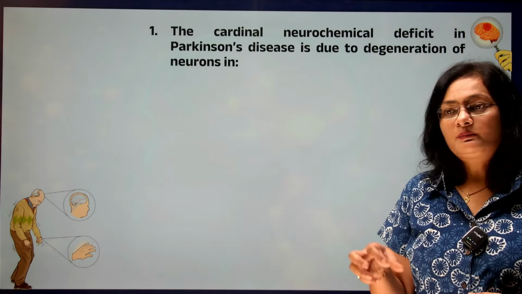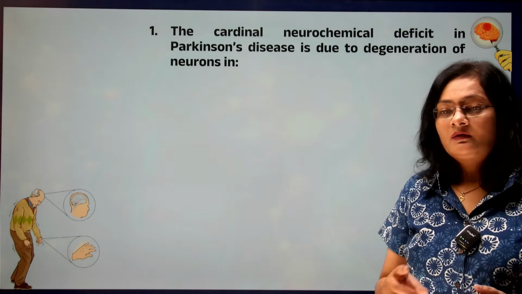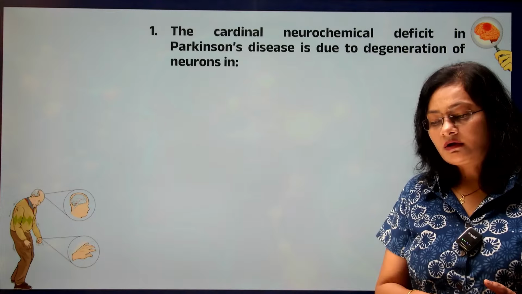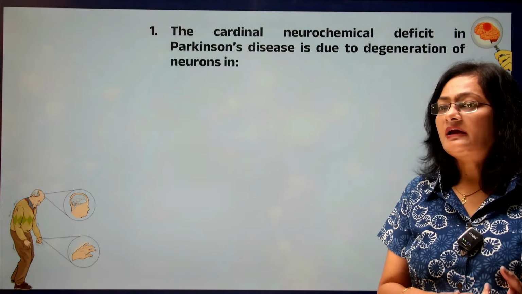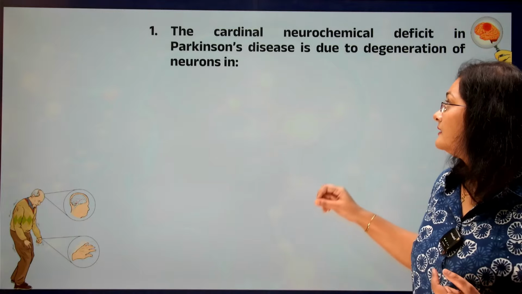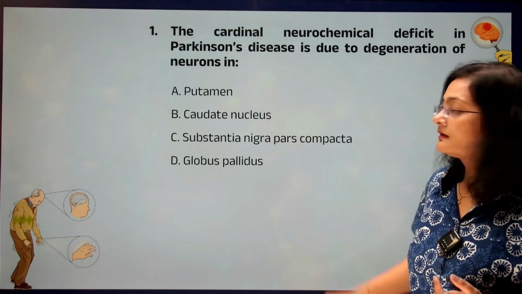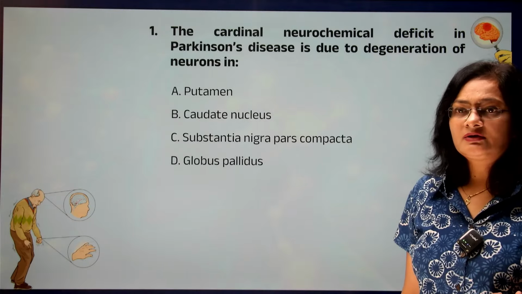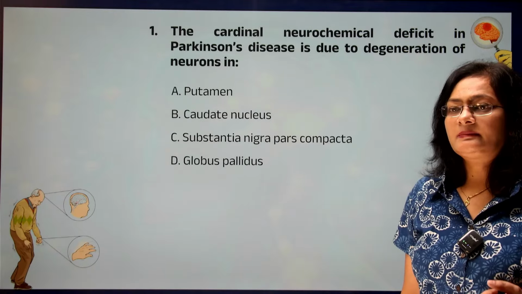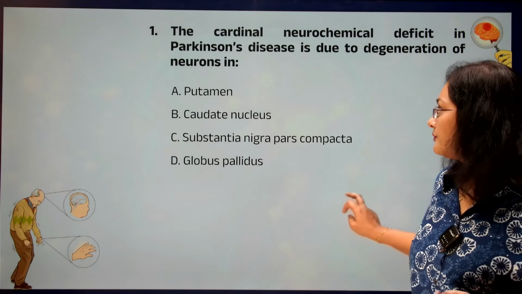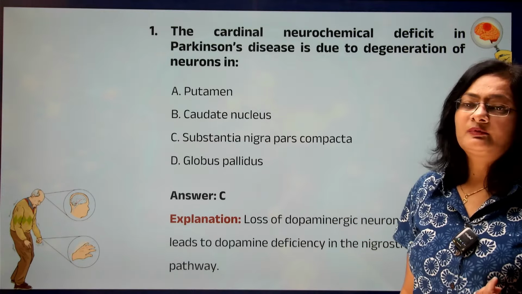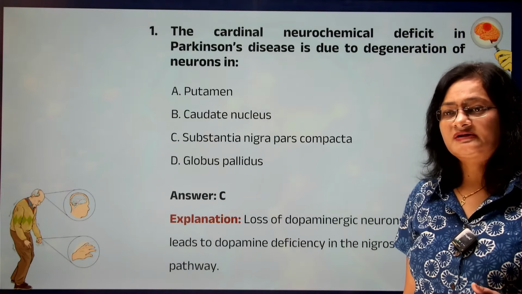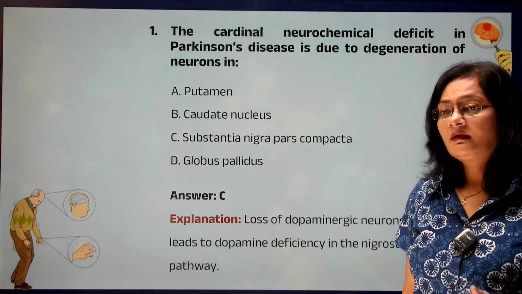The basal ganglia comprises of nuclei, which consist of caudate, putamen, globus pallidus, thalamic nuclei, and substantia nigra pars compacta. So Parkinson's will be produced due to affection of substantia nigra, pars compacta.